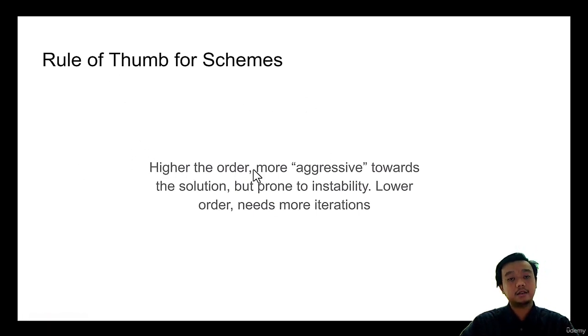The higher the order, the more aggressive it is toward the solution, but it will be prone to instability. On the other hand, the lower the order, the more iterations it will need.